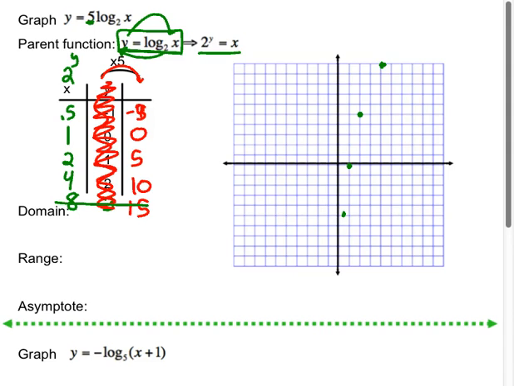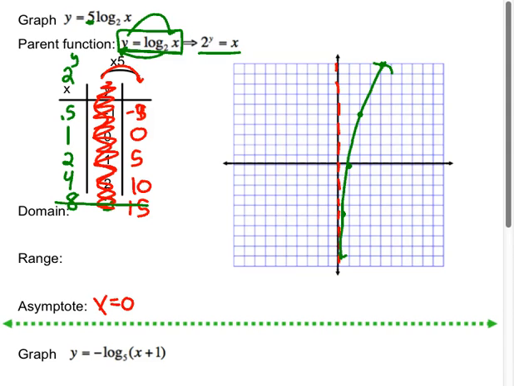There was no movement. So because there's no movement, my asymptote is still here. My asymptote is still sitting there, and now I can connect my points. And it's going to trail off forever, getting closer to that asymptote.